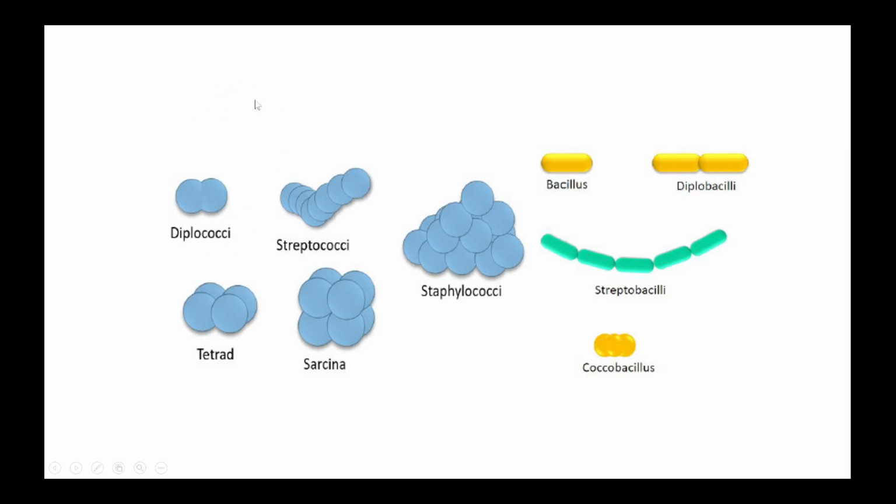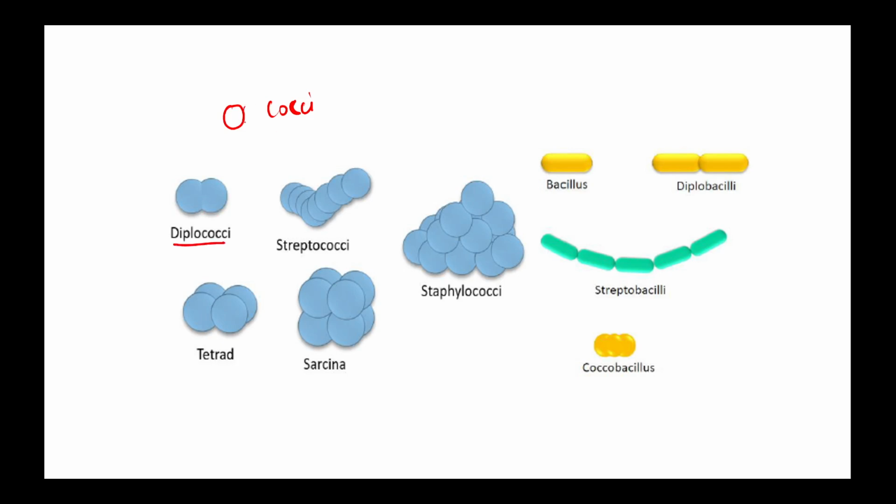So if you have one spherical shaped bacteria, it's generally called cocci. Okay. So cocci or coccus is the term that is used for the circular shape, round shape. If there are two round shaped bacteria joined together, they are called diplococci.